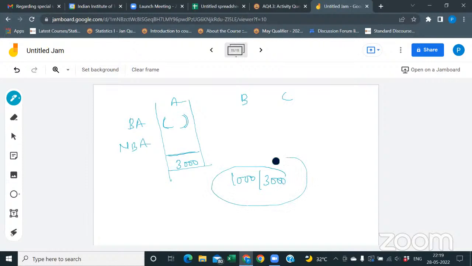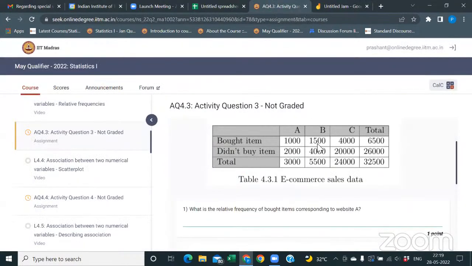Okay, I just divided by 6500. No, you are doing the relative frequency of item A corresponding to the bought item. I mean, you are dividing by the total number of bought items. Suppose my question is: what is the relative frequency of item A corresponding to the total bought items?